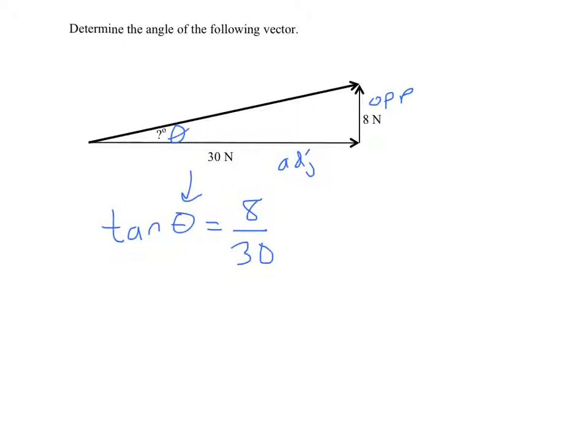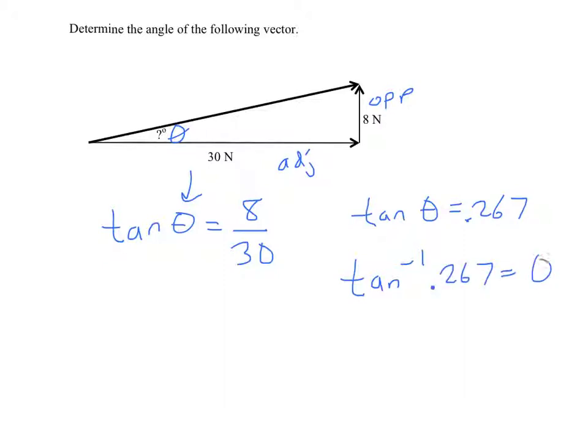So first, if I do 8 divided by 30, I get 0.267. So the tangent of some angle is 0.267. So you could try trial and error and hit tan of a bunch of different angles until you hit this number, but that would be kind of silly. So instead we're going to use another operation called tan inverse. And what tan inverse does is say tan inverse of 0.267.